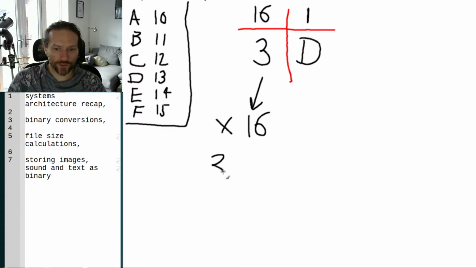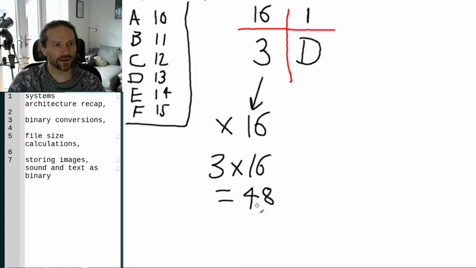So if we've got 3 times 16, 3 times 16 is 48. And then D, we multiply that by 1. Well, anything multiplied by 1 is just itself, so we just need to convert that to a value, and that is 13.